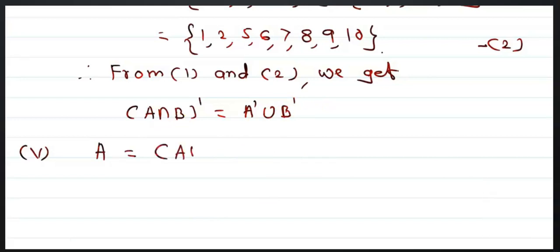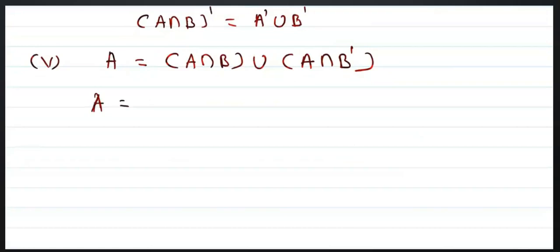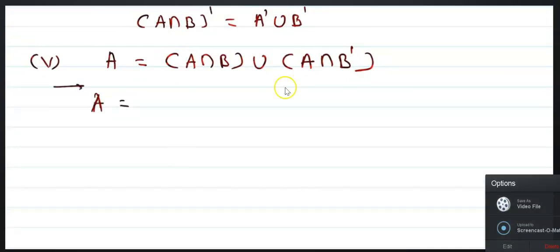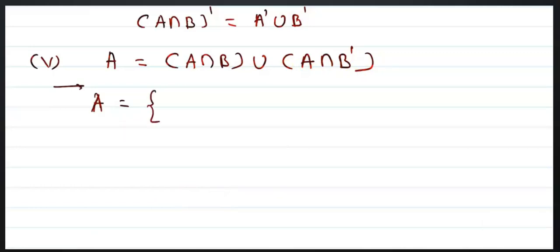Next is A is equal to A intersection B union A intersection B complement. This we want to prove. For this we will require A, B, their intersection, then A, B complement. Now A is equal to 1, 2, 3, 4.